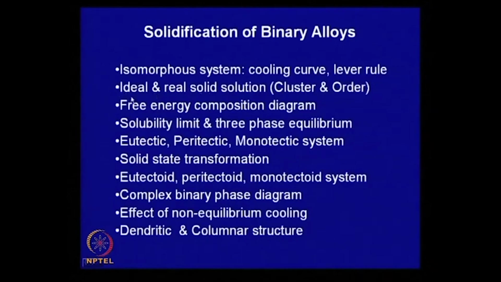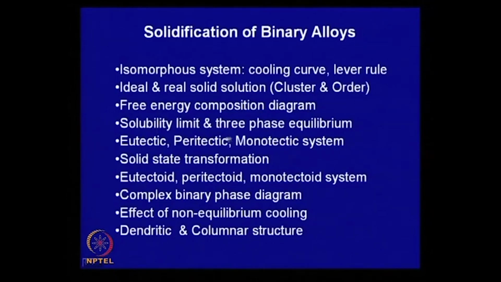We also looked at the difference between ideal and real solid solutions. We talked about the free energy composition diagram in the case of an isomorphous system. Then we moved over to cases where there is a solubility limit, that means two metals are not soluble in the solid state in all proportions.